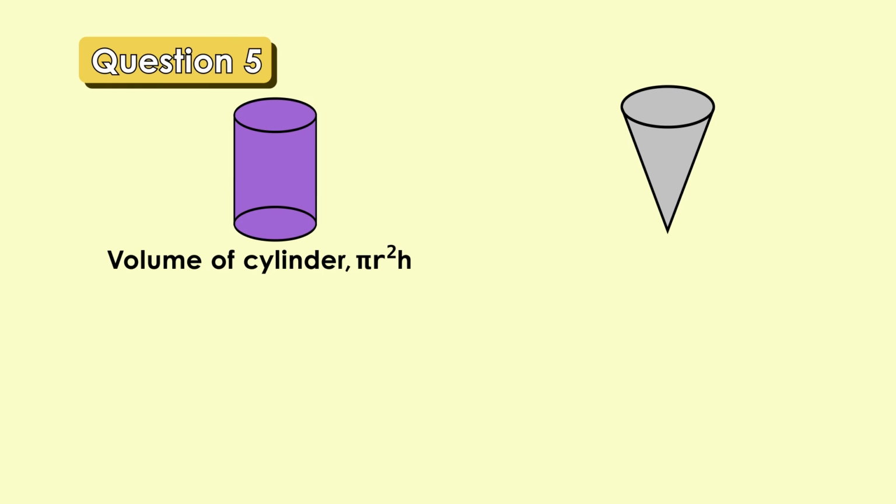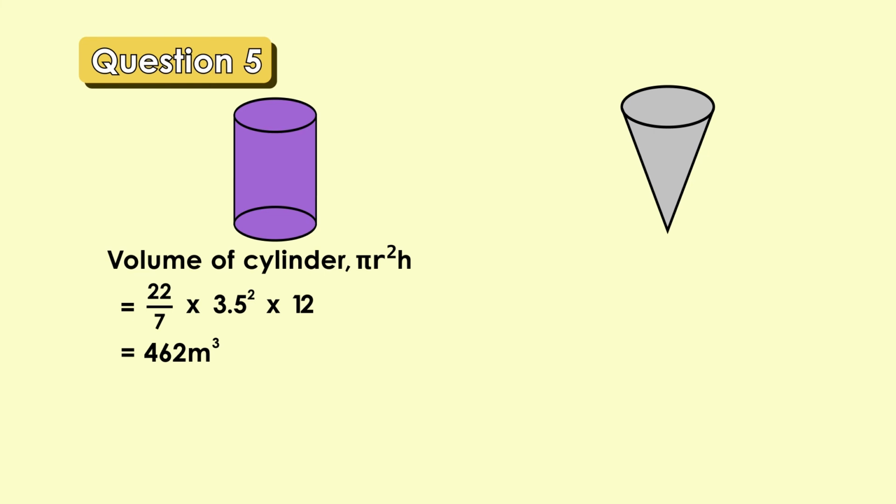The volume is equal to 22 over 7 multiplied by 3.5 squared multiplied by 12. Hence, the volume of the cylindrical statue is 462 cubic meters.